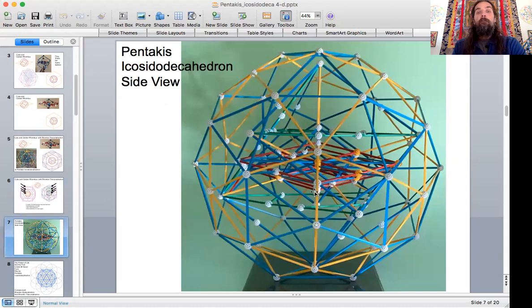Okay, so here is the Pentakis Icosidodecahedron from the side view. So this is the culminating structure. It's going to extend beyond this, but for right now, we're just taking this isolated unit, which has all this internal geometry within it. You can make out there's a larger cube here, a blue cube, and that's hitting these outer vertices.